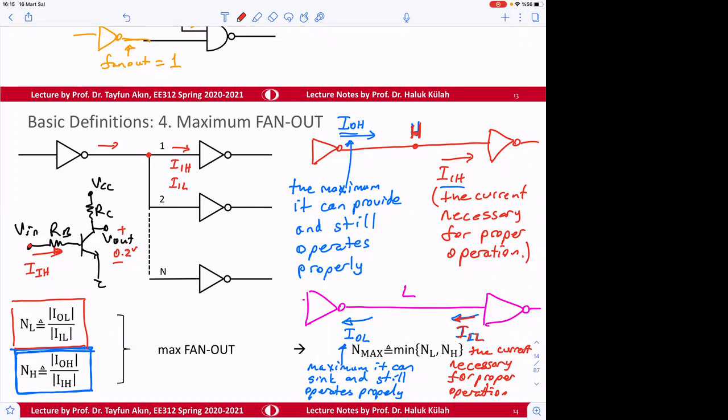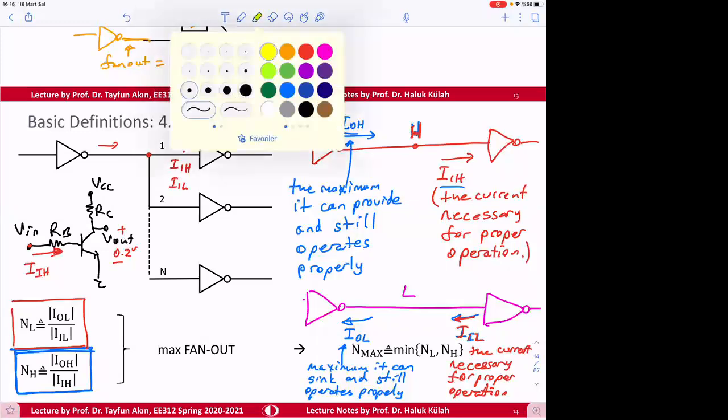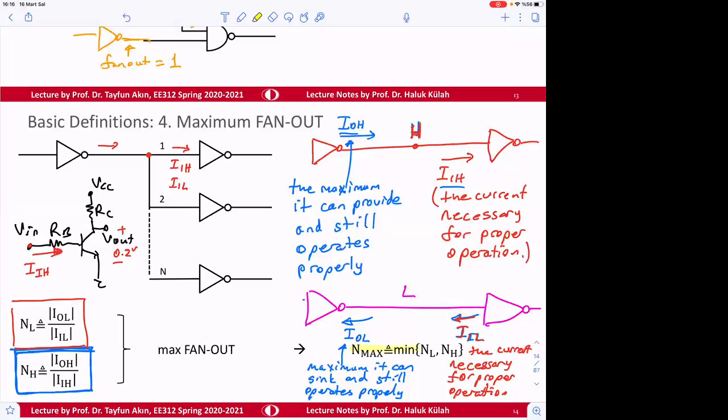Therefore, we determine the maximum fan out as the minimum of these maximums. The minimum of those two is going to be N max.